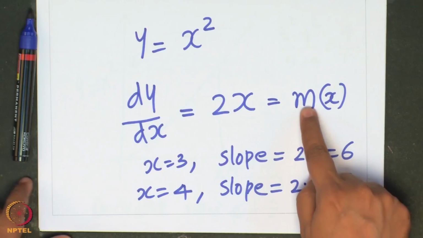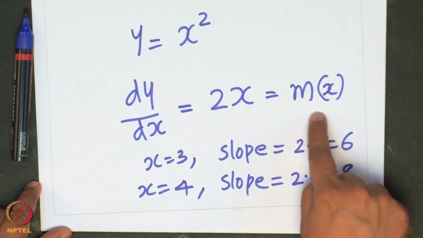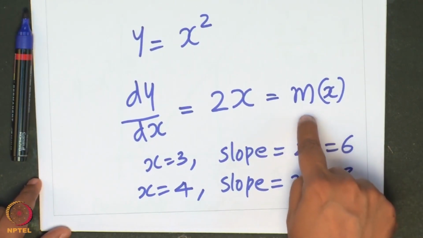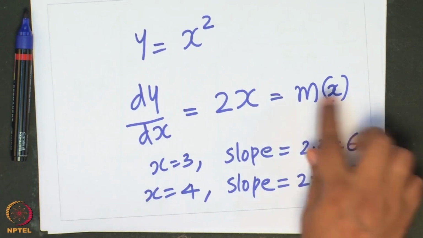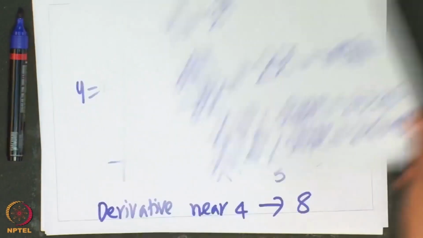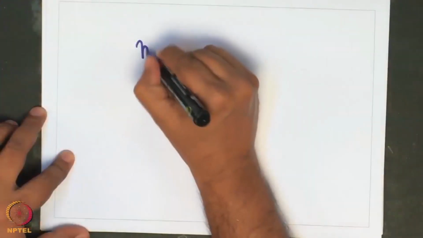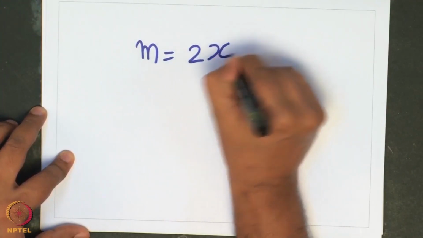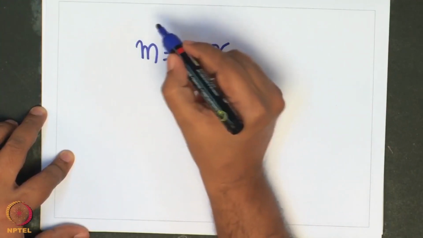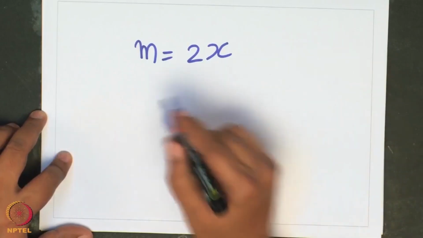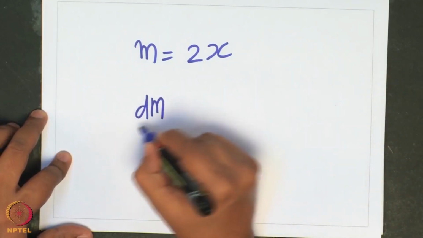This also means that we can take the derivative of m. So you have m is equal to 2x here, which is the slope. You can also calculate dm by dx.